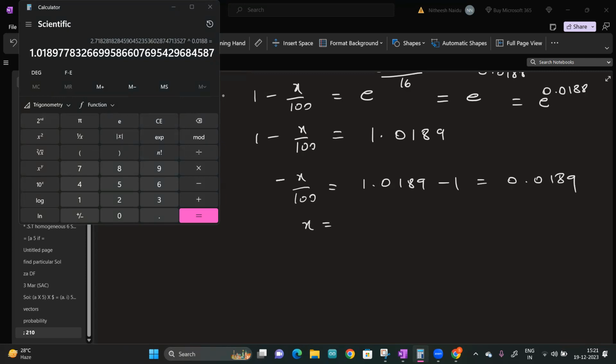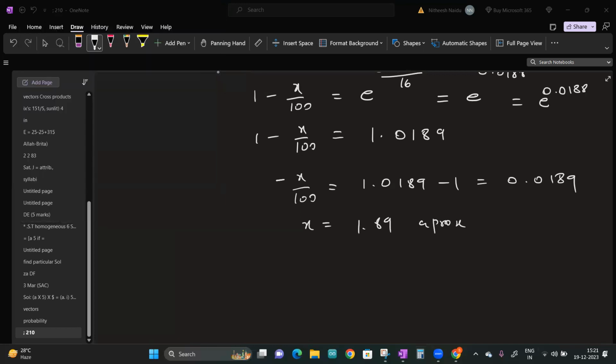So X is equal to, by cross multiplication, 0.0189 into 100, which is 1.89. So approximately 1.89 percent is lost.